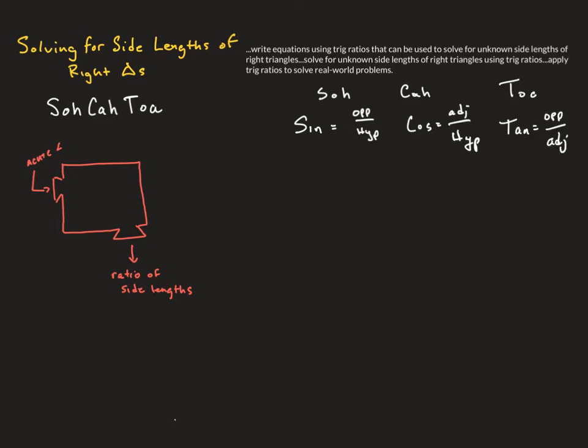And that comes from, again, sine, opposite, hypotenuse; cosine, adjacent, hypotenuse; tangent, opposite, adjacent. So there you go. We want to remember those as we're going forward with using our ratios.